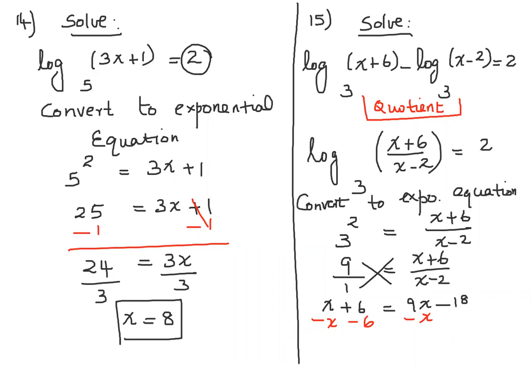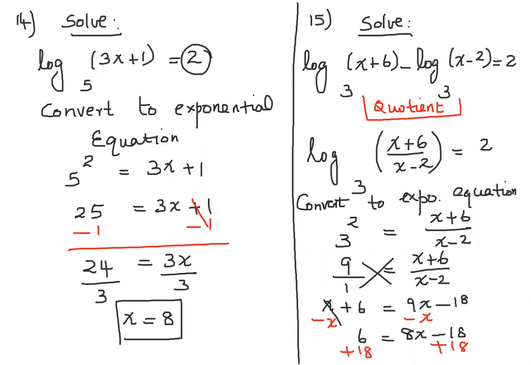Minus 6. So we get 6 equals 8x minus 18, and then add 18 both sides.